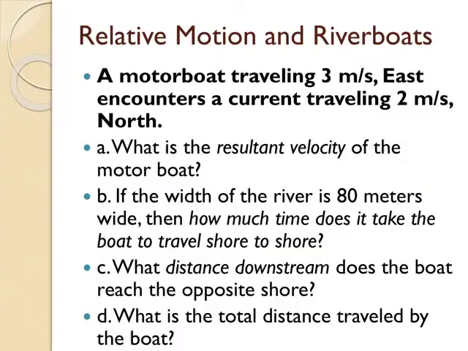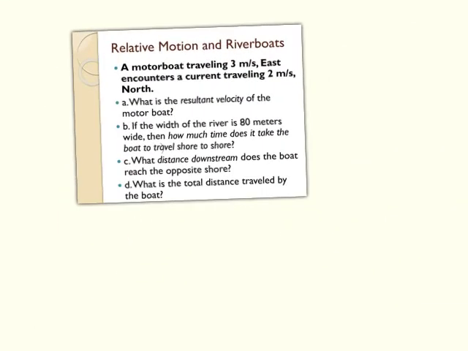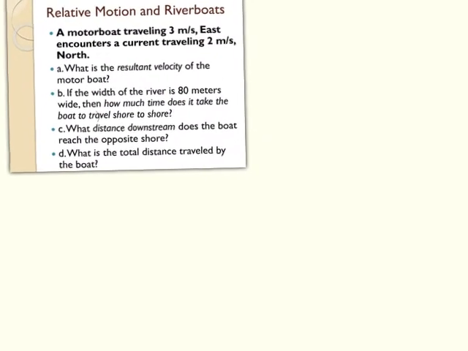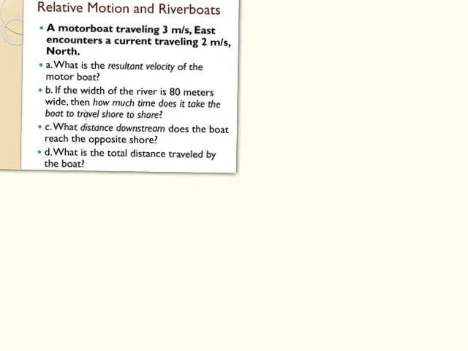And those are riverboat problems. So we're going to do some practice with these, because riverboat problems tend to make things a little more complicated. Alright, so let's, again, pictures come in really handy. So we have a motorboat, and let's see, here's our shore, here's our river. And we have a boat.